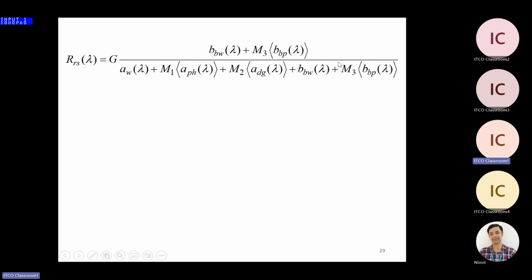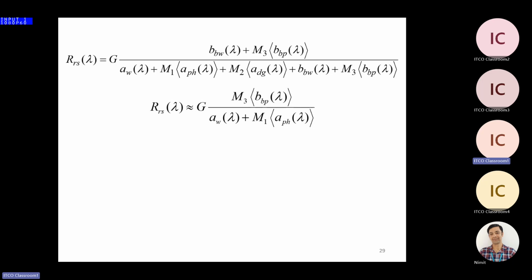In the red and the infrared wavelengths, generally this ADG has very tiny contributions, so it can be canceled out, or ignored. So then for the red infrared bands, especially in productive waters, remote sensing reflectance is reduced to simply M3 BBP with the denominator as A water plus M1 APH. This is also because BB water is too small.